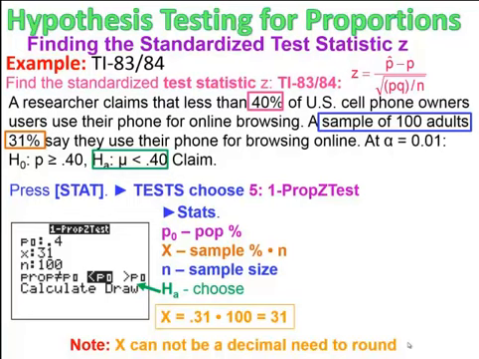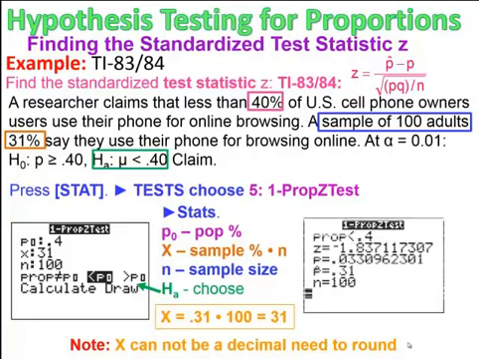You're going to need that X value, and if it's not given, remember to calculate it based on your sample percentage and your sample size. And then make sure you highlight the right tail test, which is given in your hypothesis statement. In this case, it's less than, and then you'll calculate it and you'll find your test statistic.